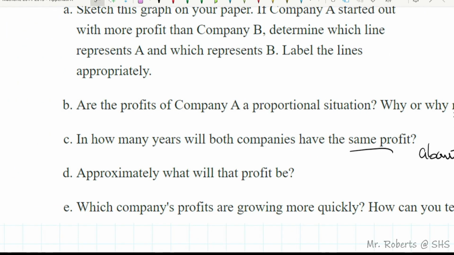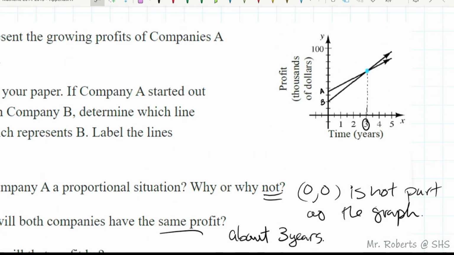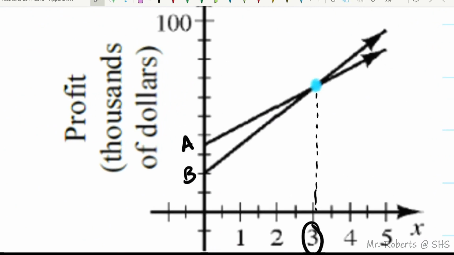And then approximately what will that profit be? Oh, okay. So when they have the same profit, the question is, what will that profit be? So in 3 years, I go straight up to the point, go over, and it says somewhere in here. Now, I need to think about the scale: 10, 20, 30, 40, 50, 60, 70, 80, 90, 100.